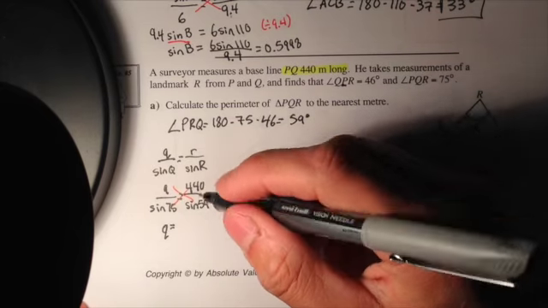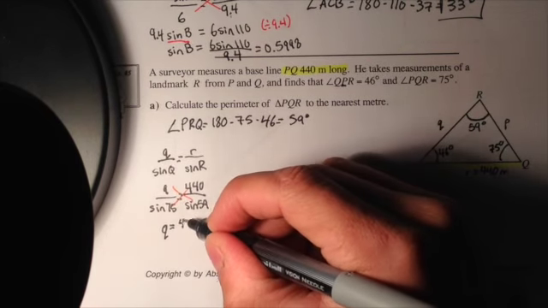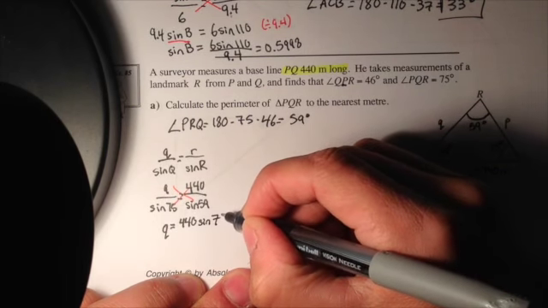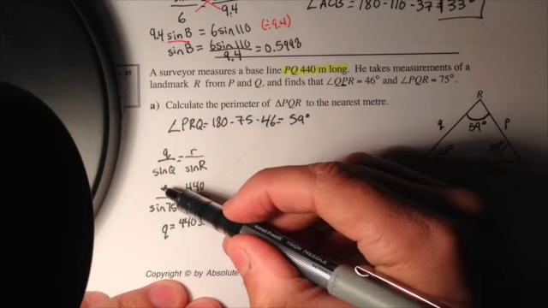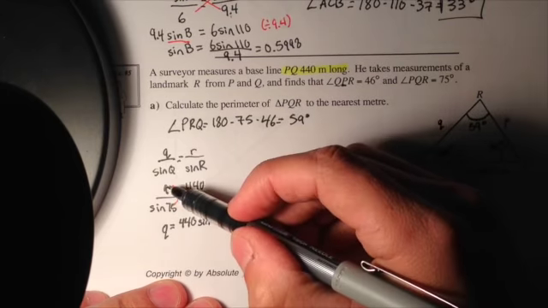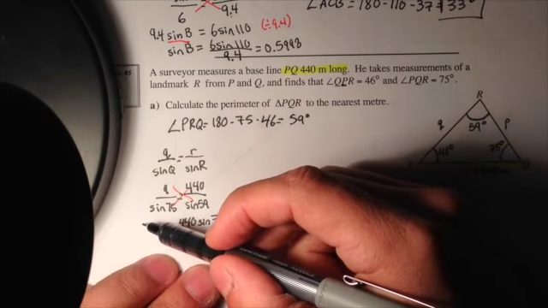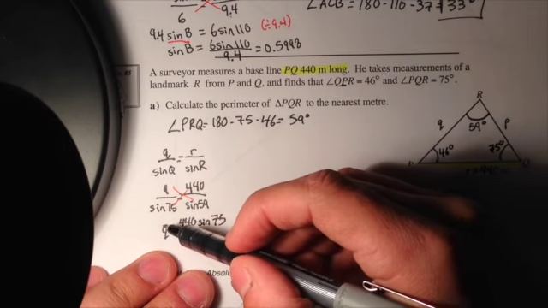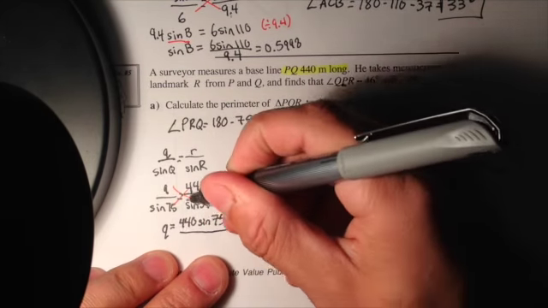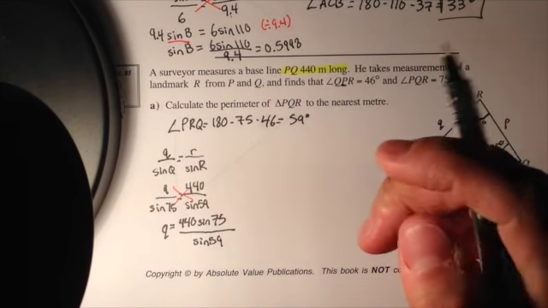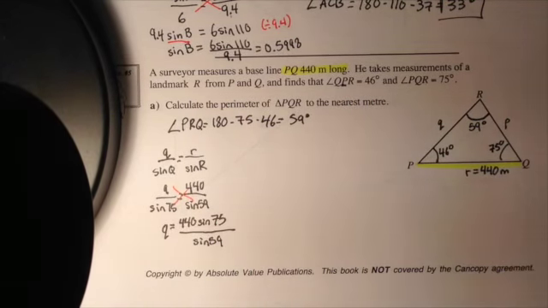Q is going to be equal to 440 multiplied by sine 75, and since Q is going to be multiplied by sine 59 over here, I'm going to eventually have to divide by sine 59 to get Q by itself. So I'm just going to do that right now, divided by sine 59. Okay, so that will help us solve for Q.